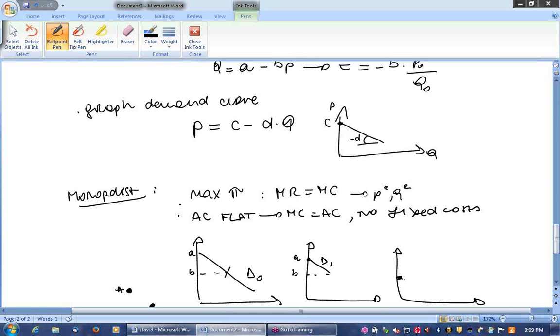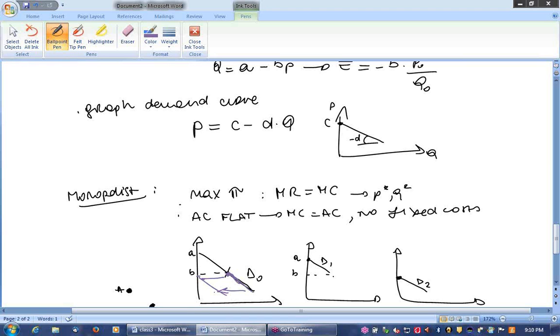So it will start at B and go until the end. We are just shifting this part of the demand to the left, until this point.